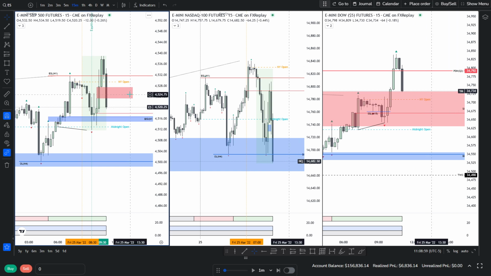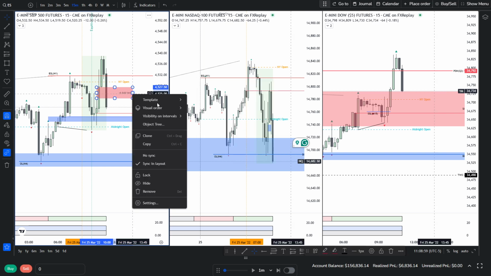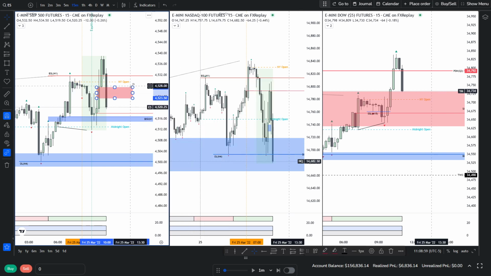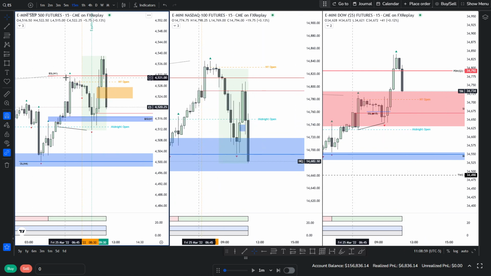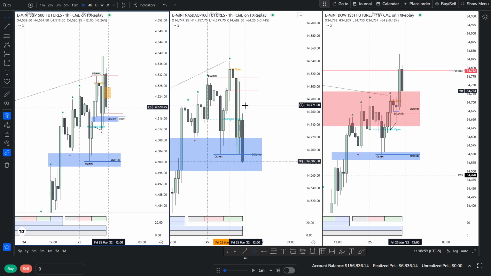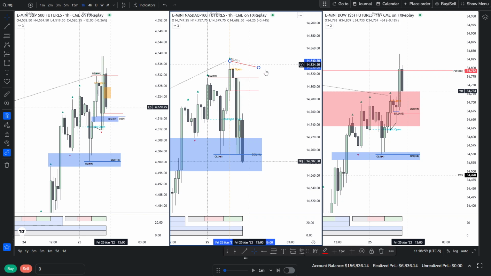So we have this SIBI M15. Well, it's not SIBI, is it? It's inversion. So let's mark that up. Now, what do we have? So that's that high. Okay, it's going to mark this here.